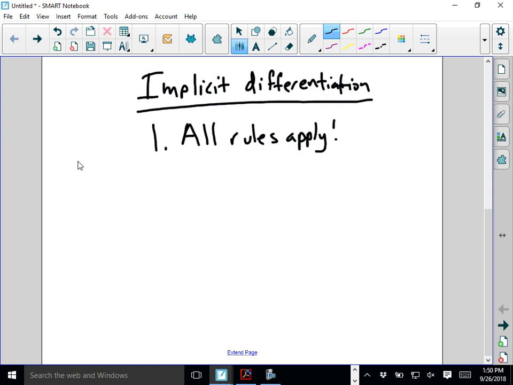So we do the x's as normal. So derive the x's normally.